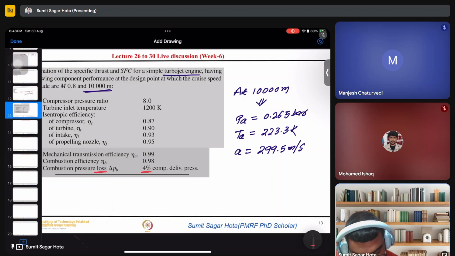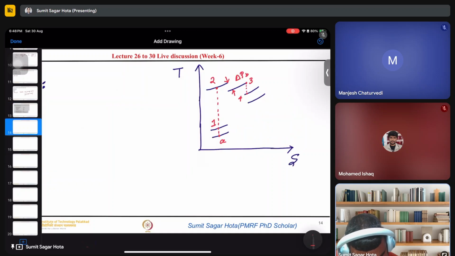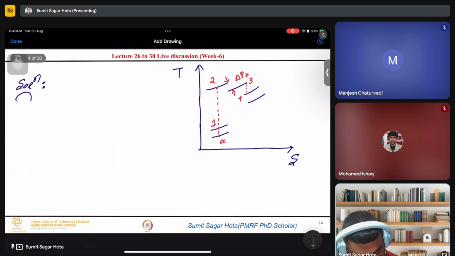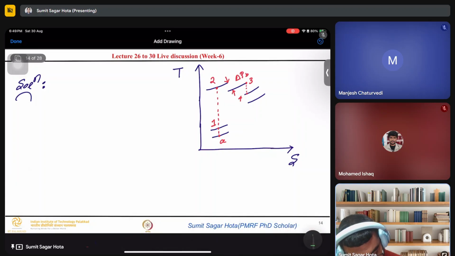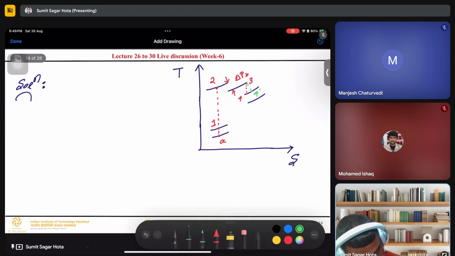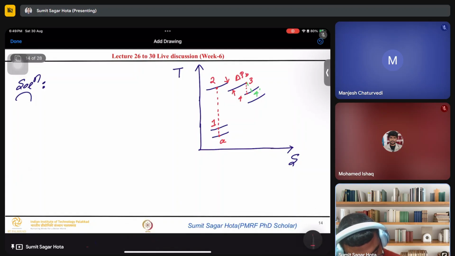All having different losses, and all losses we should consider. So it's not now 3 to 4, it will be 3 to 4 dash. This is your 5.